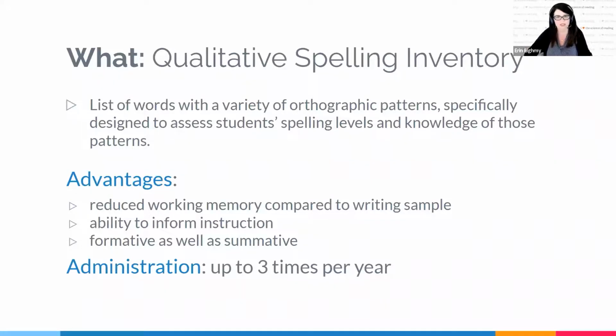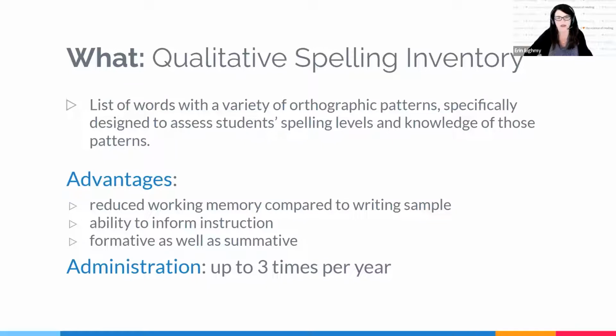So we are going to use several spelling samples today from real students, and take a look at how their performance can help us drive instruction. An advantage of an inventory is to reduce some of those working memory loads compared to evaluating a writing sample.